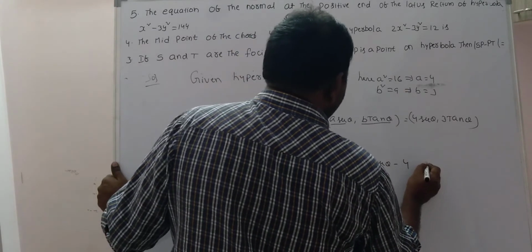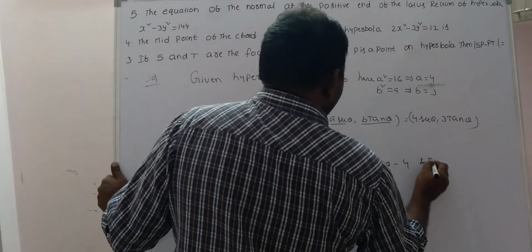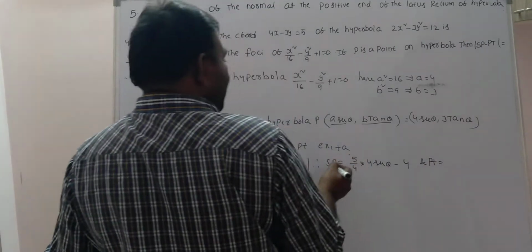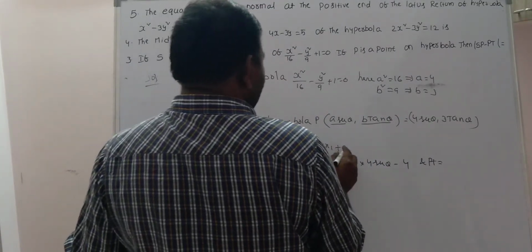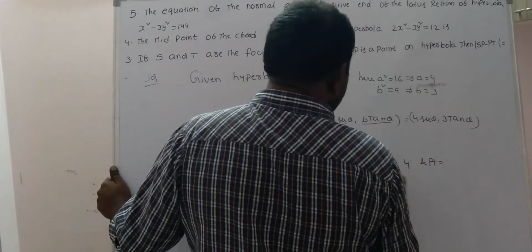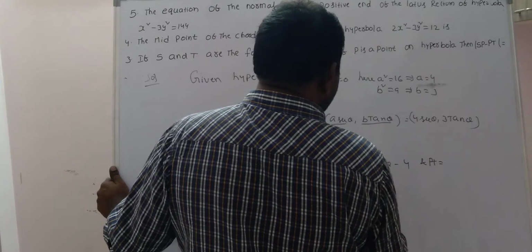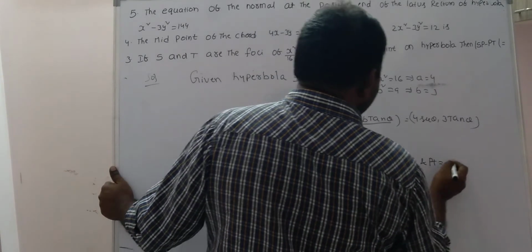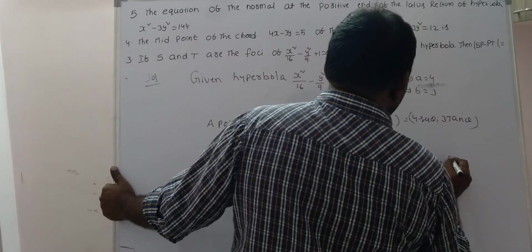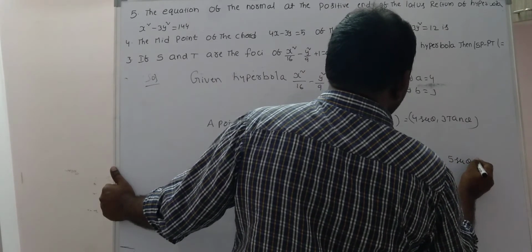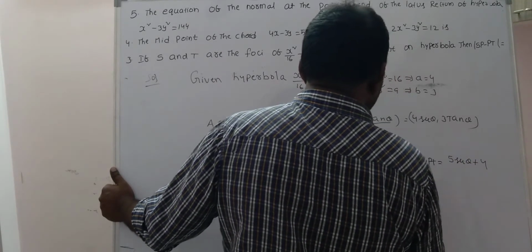And PT is equal to EX1 plus A, just a symbol change. Here the 4 cancelled: 5 secant theta plus 4. Both are the same, just a symbol change.